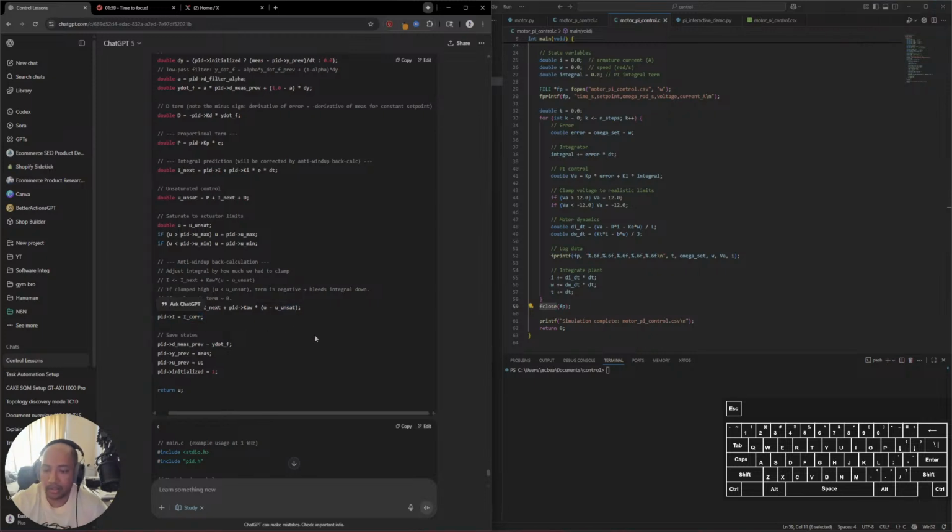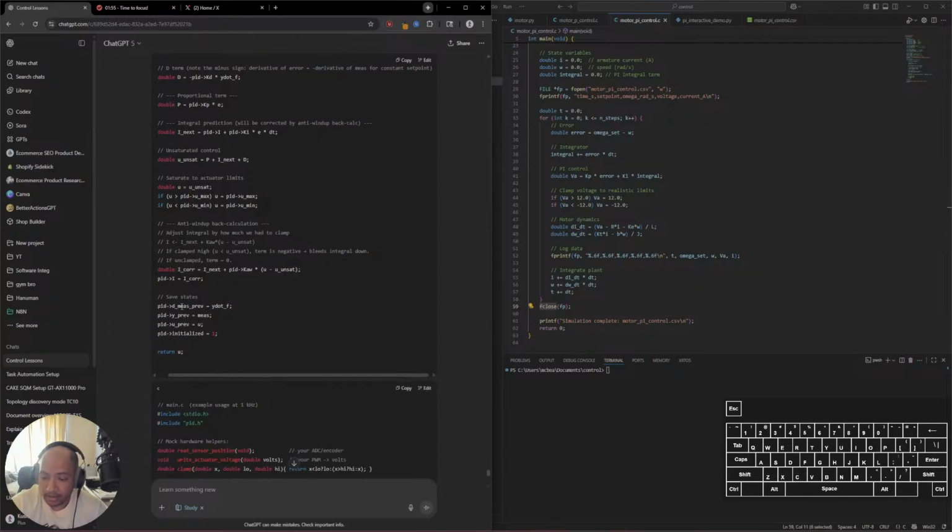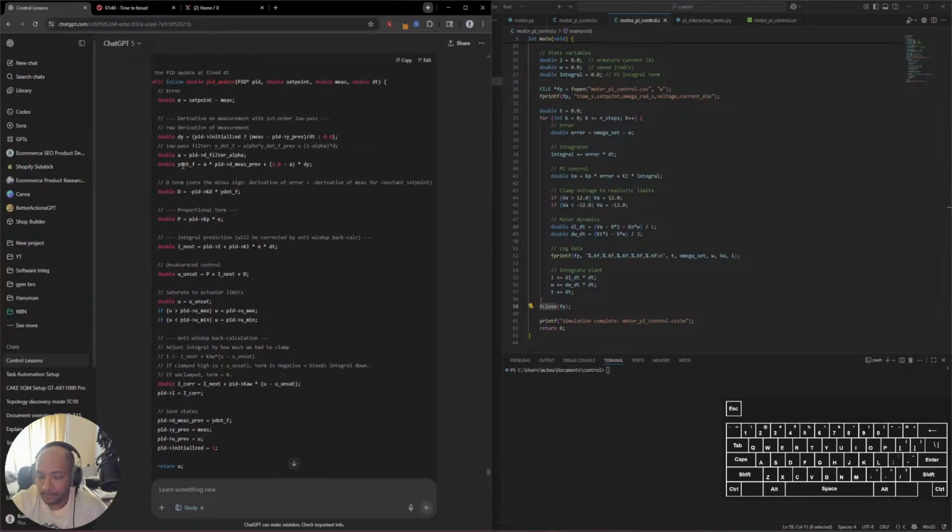That's our new PID I. And then we're gonna save our state: D measured previous is y dot f, y previous is measured, u previous is u, and initialized. y dot f. D. What's my D term? D term is supposed to be KD times de over dt.